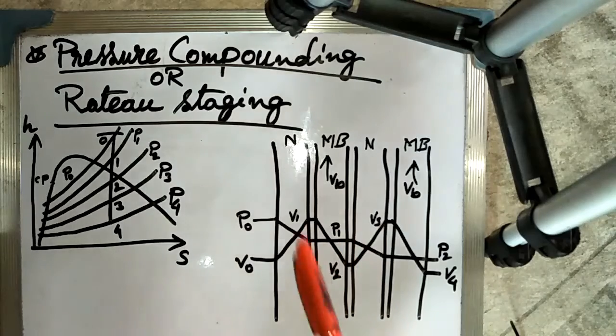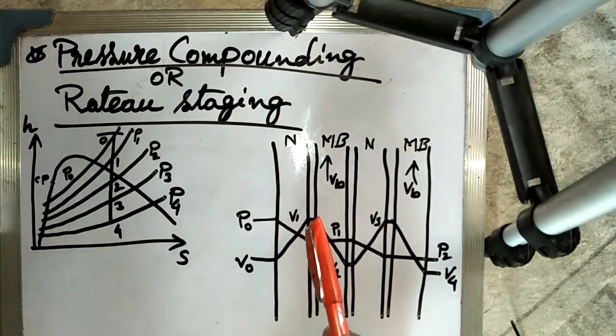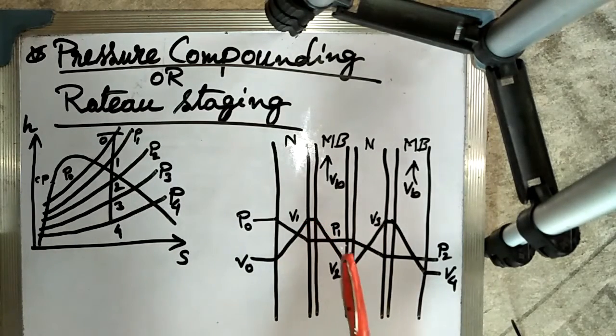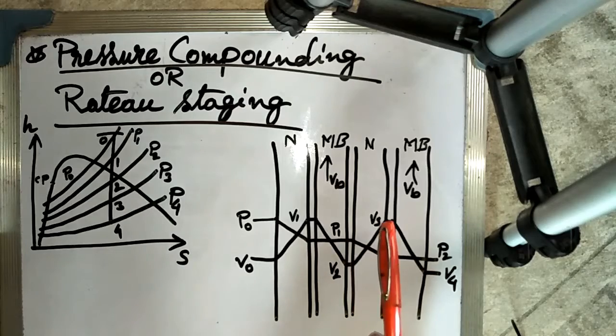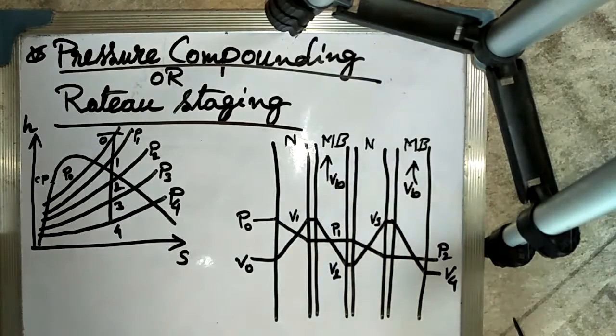In case of velocity, the velocity increases in the nozzle and decreases in the moving blade, then again increases in the nozzle and decreases in the moving blade. So there is no pressure drop while the steam flows through the blades, which is the ideal condition, theoretically.